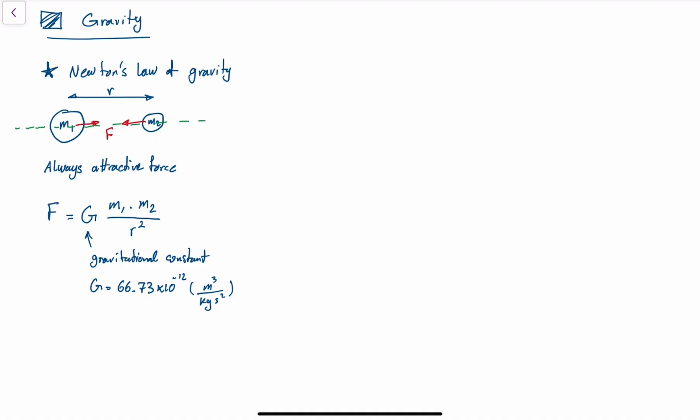Oh, gravity is a relatively small force compared to other forces we experience. So, for instance, a person that has a mass of 70, 80 kilos attracts another person of similar mass. They exist, but the size of that force is so small that we always ignore that in our calculations.